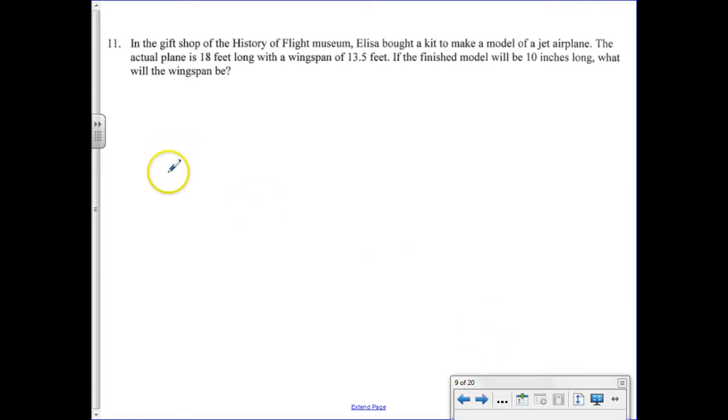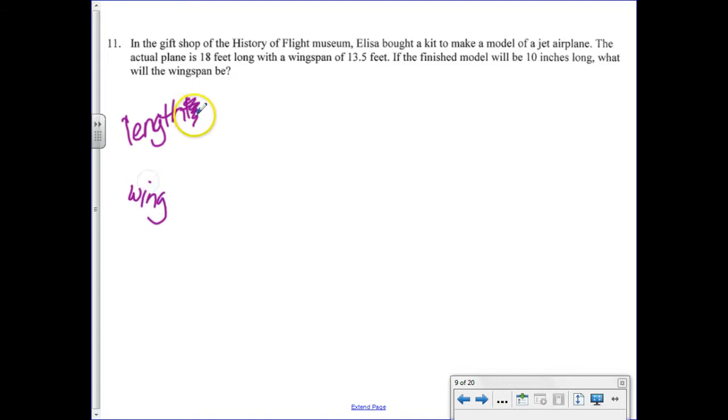Number 11. In the gift shop of the History of Flight Museum, Elisa bought a kit to make a model of a jet airplane. Cool. The actual airplane is 18 feet long, with a wingspan of 13.5 feet. If the finished model will be 10 inches long, what will the wingspan be? Okay, so hold on. So I have really the length of the plane, right? And then the wingspan.